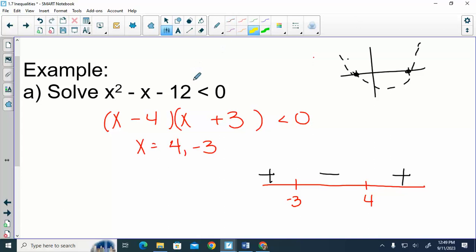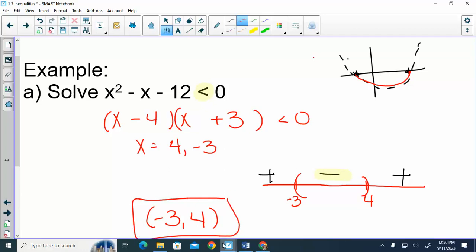I want to know when it is less than 0. So less than 0 would be the negative part. And so I can see my graph was less than 0 everywhere it was negative. So that was between the -3 and 4. So my answer is parentheses -3, comma 4 with a parenthesis.